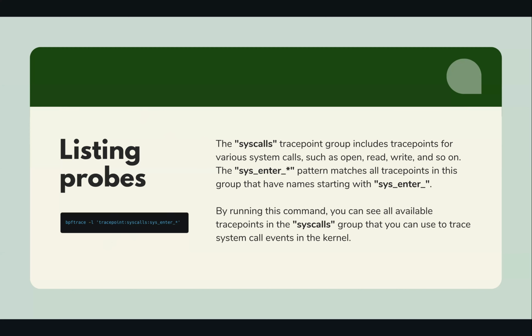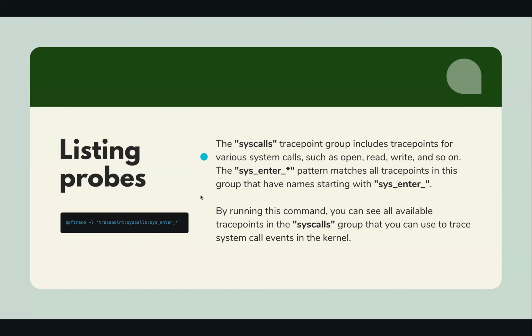If you want to see what types of probes you have on your machine, you can always use bpftrace -l to list the specific probes you want, and you can also filter using single quotes and entering those specific strings, and you can use a star to get those specific tracepoints.